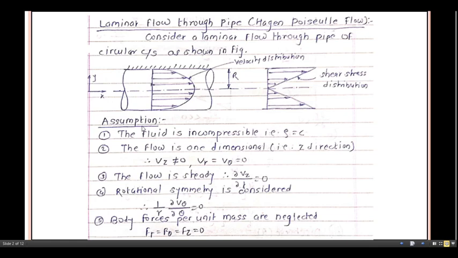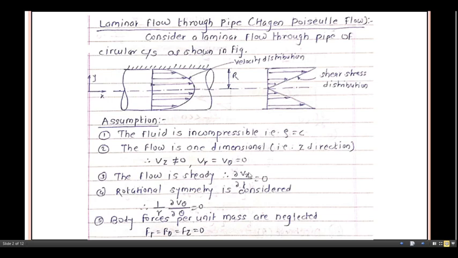So the assumptions related to the same are here. The fluid is incompressible, that is, rho equals 0. The flow is one dimensional, that is, along the z direction. Vz is not equal to 0 and Vr and V theta equal 0.